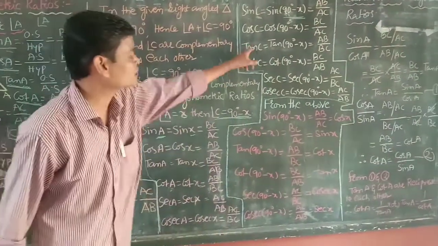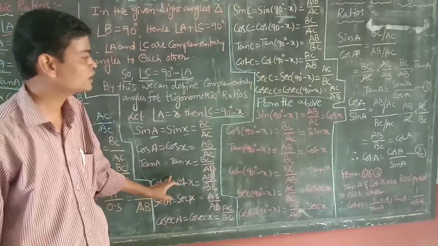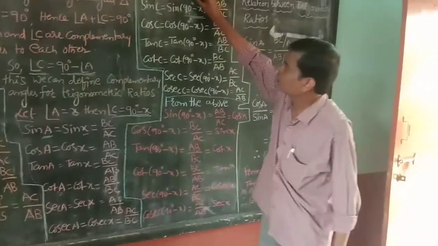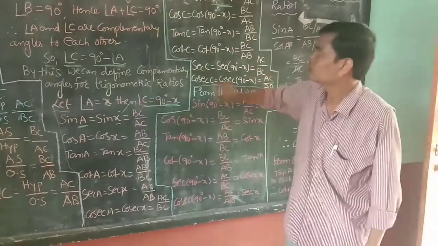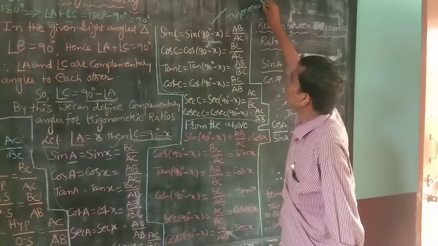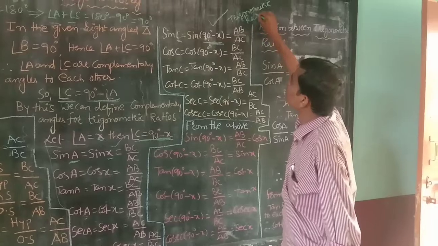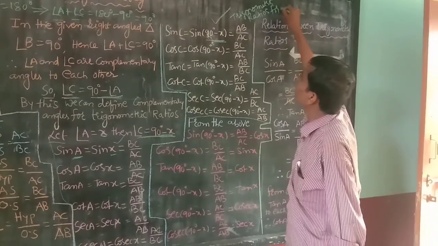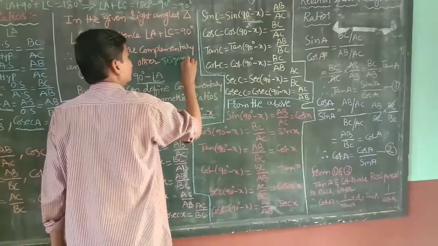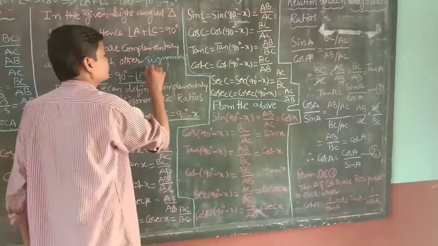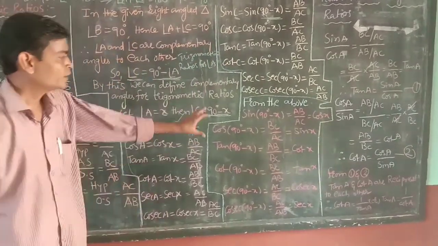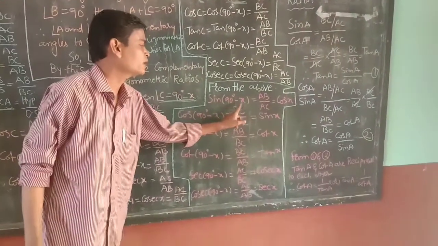From these two discussions, I have mentioned here these trigonometric ratios for angle C and these trigonometric ratios for angle A. Observe sin of 90 degrees minus x.